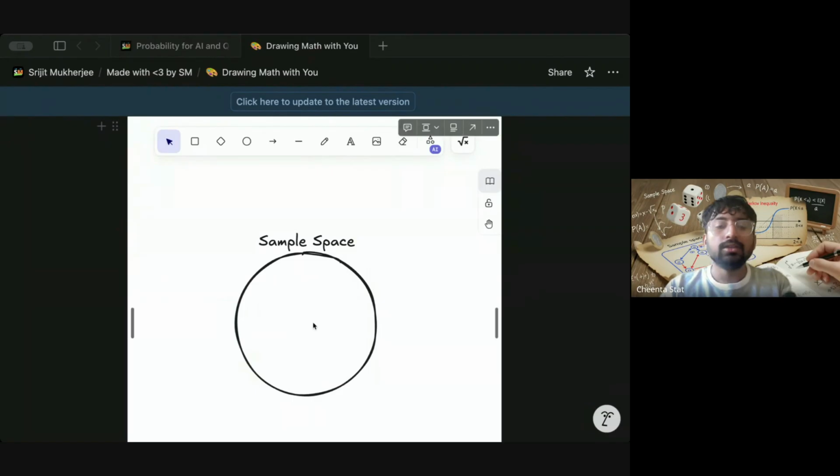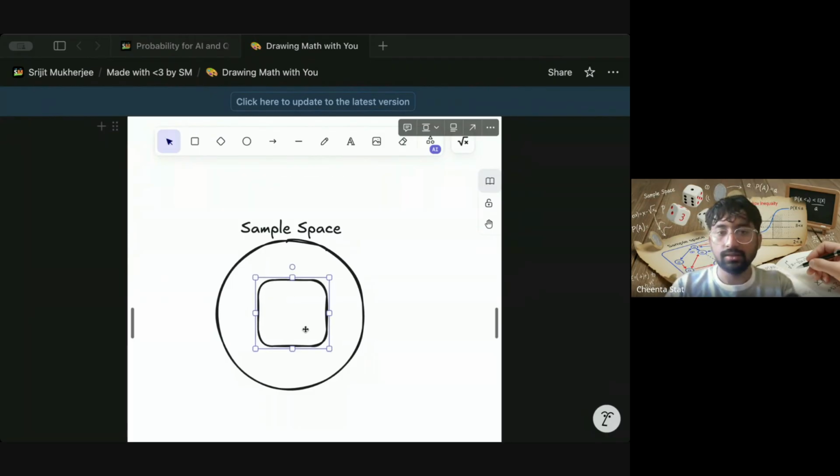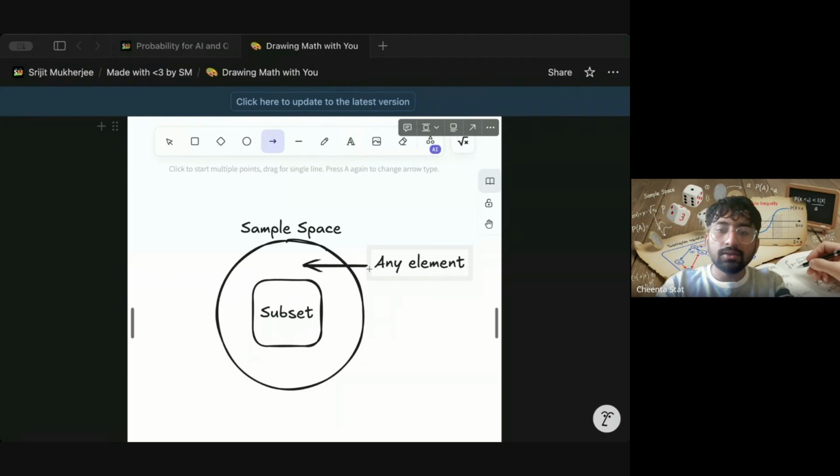Yes, I couldn't. So this is the sample space. Now you're taking a subset. Let's say this is a subset. So now we are counting all possible subsets, right? So observe that any element of the sample space can either be outside, or inside, right?